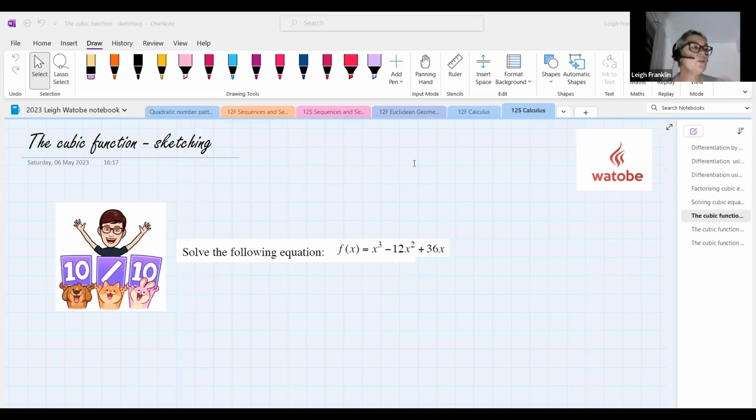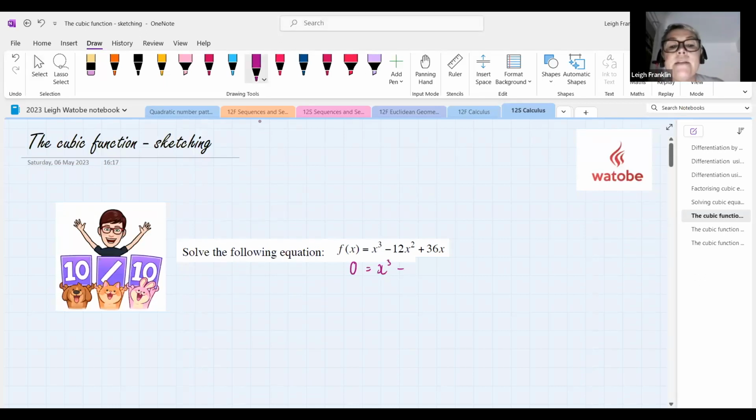We've got to show the x-intercepts of our function, because we always show the x-intercepts and the y-intercepts of any particular function. So when you're solving a cubic equation, you're actually solving for the x-intercepts. If we have a look at this first one over here, making y equal to 0, it's nice and easy.